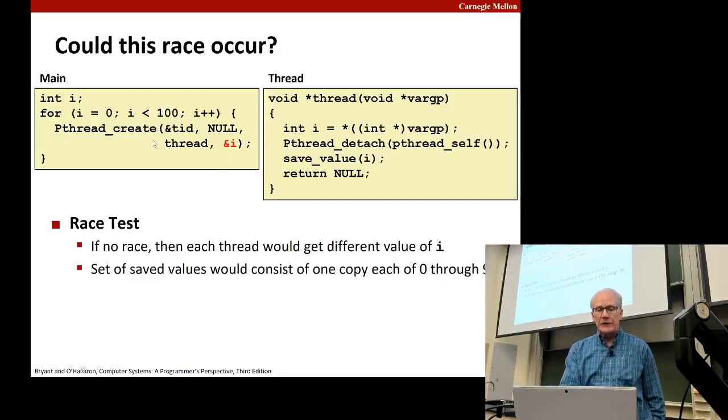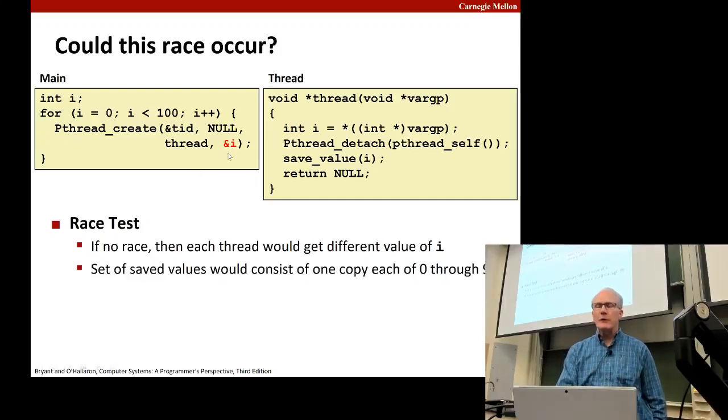It creates 100 threads passing the same pointer to each one of them, because it's a pointer to this local variable i in its own stack. I'm doing the exact same thing, except without any network stuff going on. I'm just going to fire up 100 threads in a row as fast as I can.